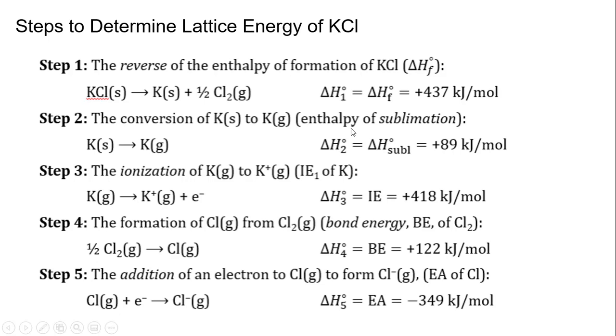We have a conversion of enthalpy of sublimation. It is endothermic. So all of these need energy to do these changes. Ionization energy is endothermic, and then bond energy needs energy in order to break bonds. That's also endothermic. But the addition of an electron is exothermic. So one of these is going to be exothermic, but that's okay. You're still going to add them all together.